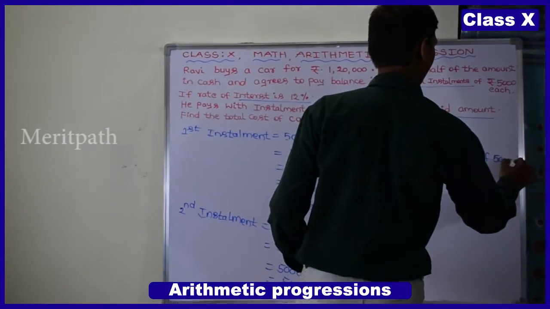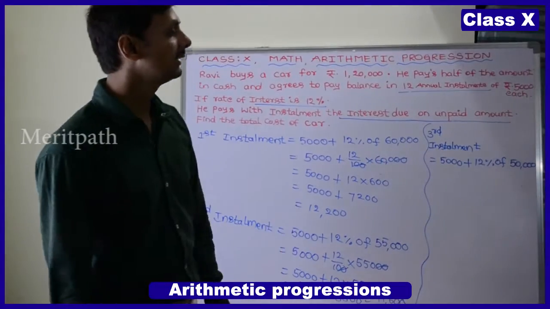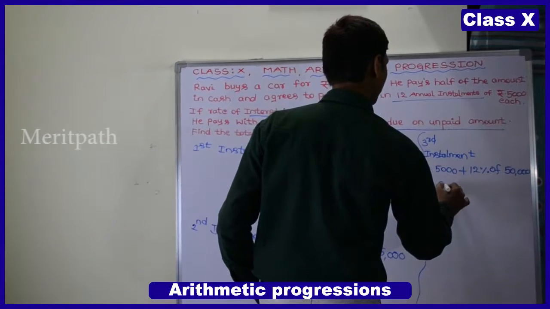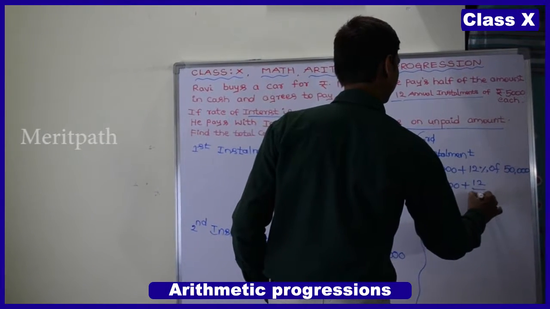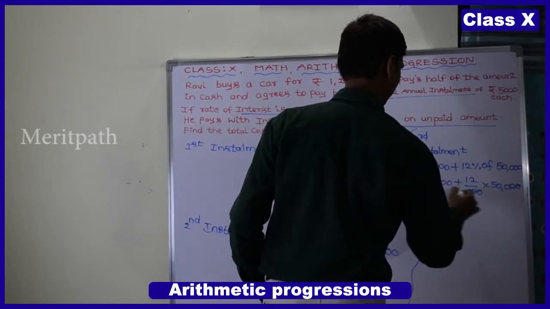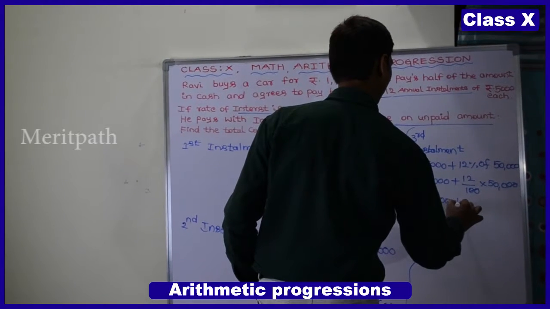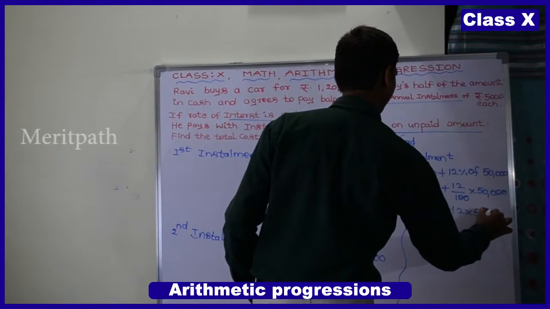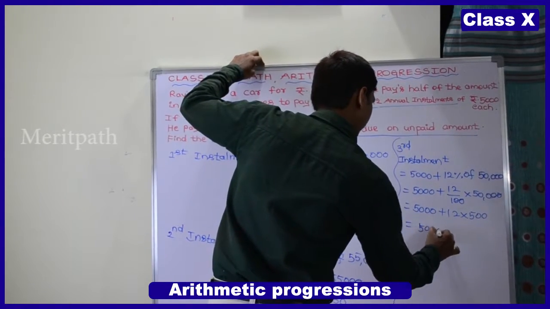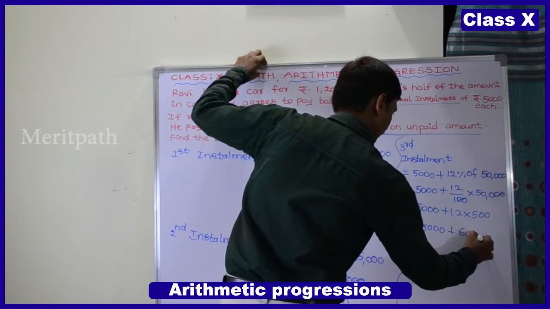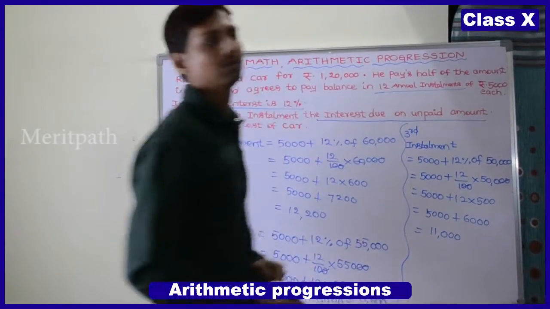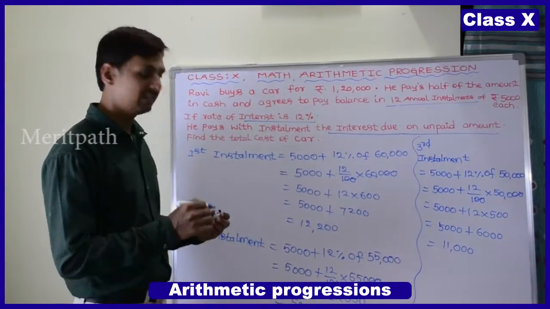So 5,000 plus 12% of 50,000, that is 5,000 plus 12 by 100 into 50,000. After cancellation, 5,000 plus 12 into 500, so 5,000 plus 6,000, 11,000. So the third installment is 11,000.